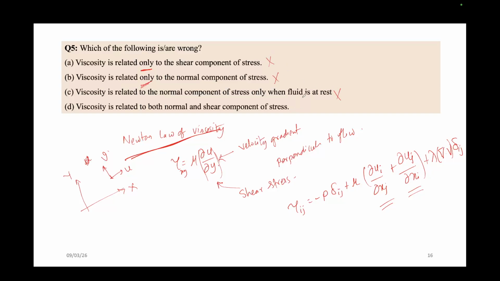The question is which options are wrong, so options A, B, C are the wrong options. The correct answer is that the viscosity is related to both normal and shear components of the stress. Is it clear?